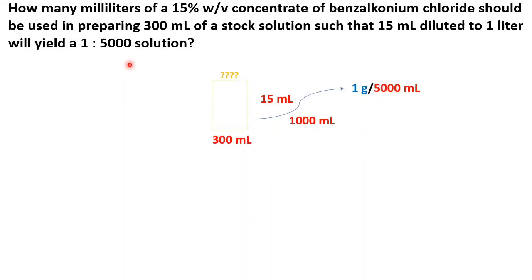So we have 1 gram of substance in 5000 grams of water. 5000 grams of water is the same as 5000 milliliters of water, because the density of water is 1 gram per milliliter. So the concentration of the resultant solution is 1 gram per 5000 milliliters.